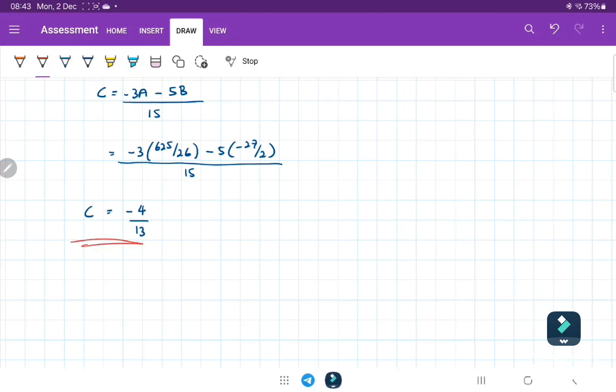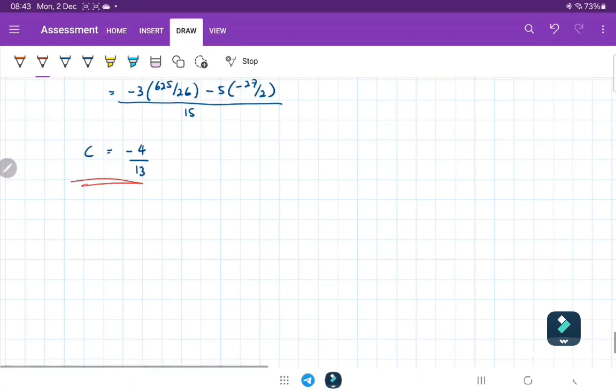Now you have everything. You need to put it into your y of s equation again.